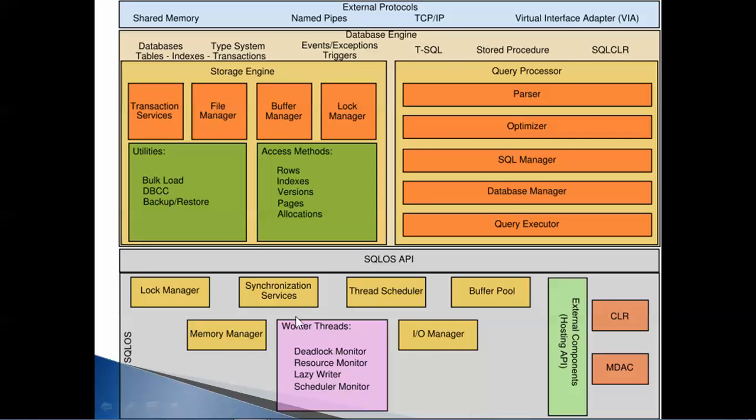These work parallelly with all these processes. We also have external components which host your API, like CLR and MDAC. If we have a look, only when all these components are combined together is an instance formed. Only then does the query get passed from the user to the database, and this is how the query is handled.